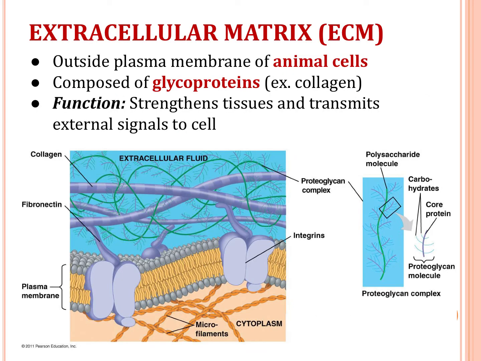Animal cells do not have a cell wall, but the rigid structural support for animal cells is called the extracellular matrix, or the ECM, and it's located outside of the plasma membrane.